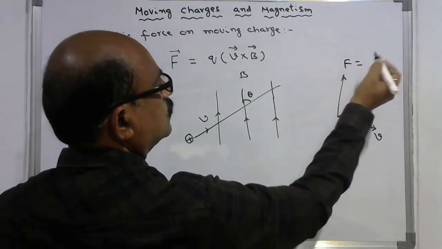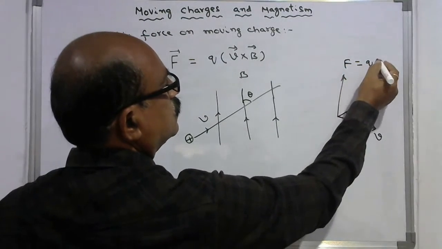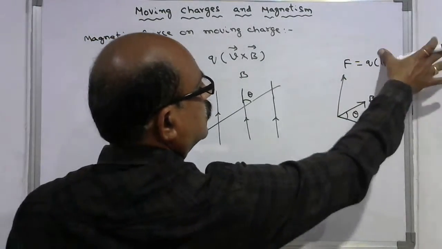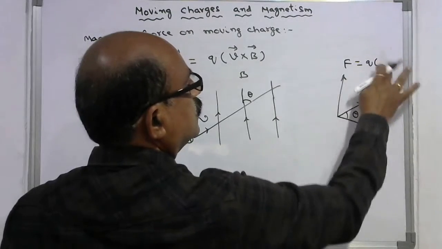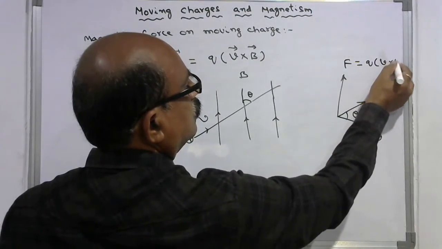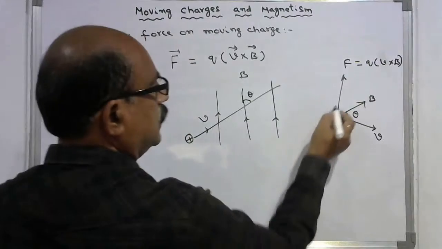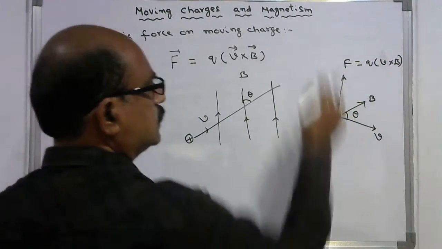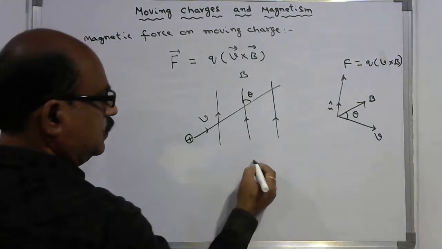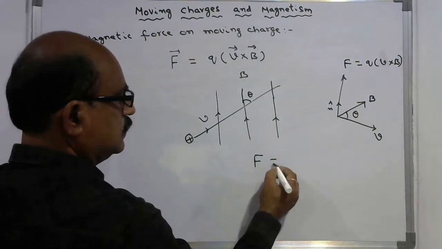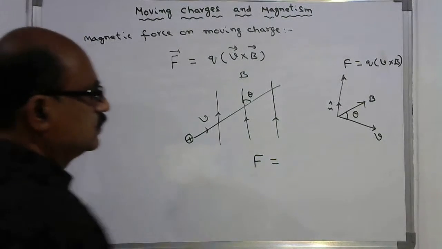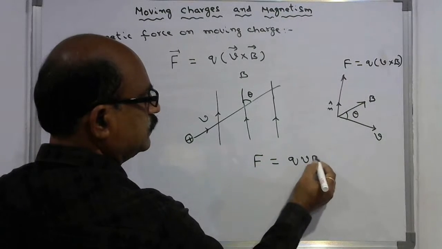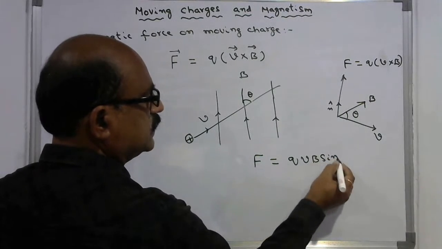So this gives the force. Force is equal to Q into V cross B. I just write down V cross B. And if you consider a unit vector in the direction of force, then the magnetic force on the moving charge is F equal to QVB sin theta.